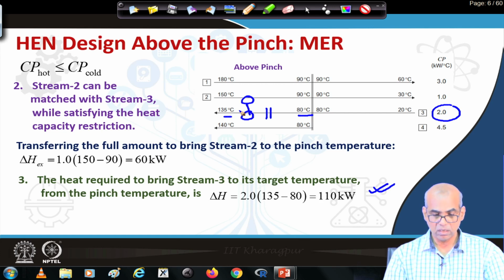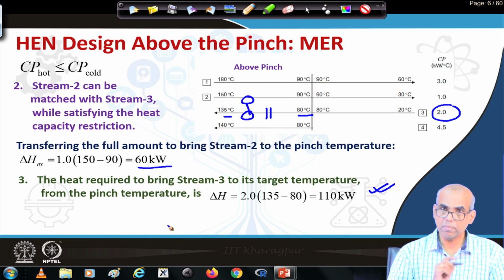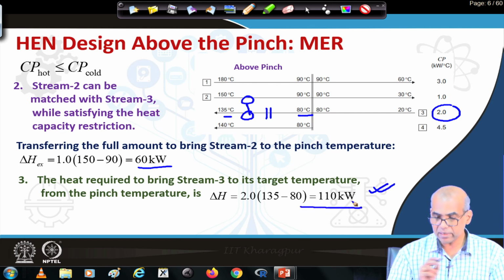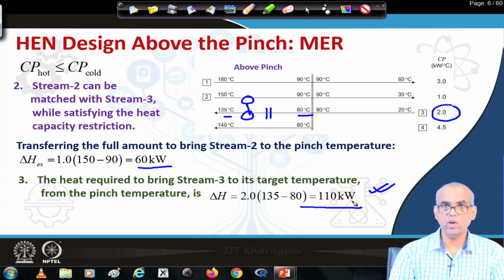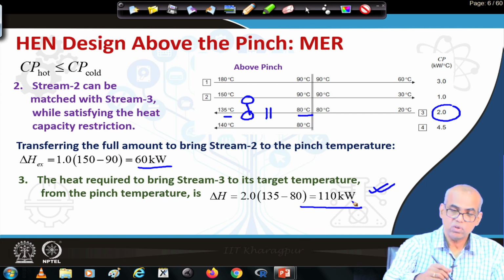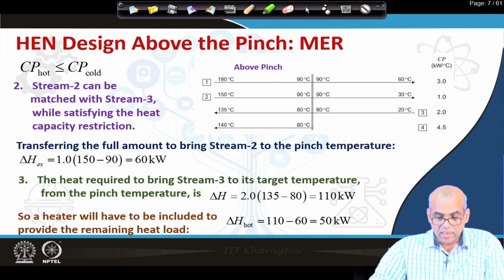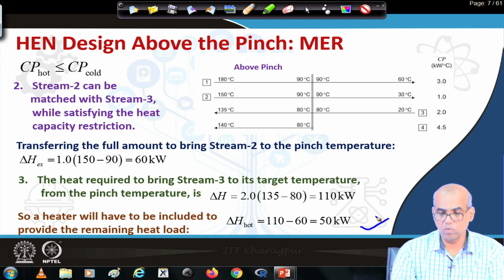We obtained 60 kilowatt from stream number 2, but stream number 3 requires 110 kilowatt to attain its target temperature. So, the remaining heat 110 minus 60, that is 50 kilowatt, must be provided by hot utility. So, a heater will be required to provide the remaining heat load of 110 minus 60 equal to 50 kilowatt.